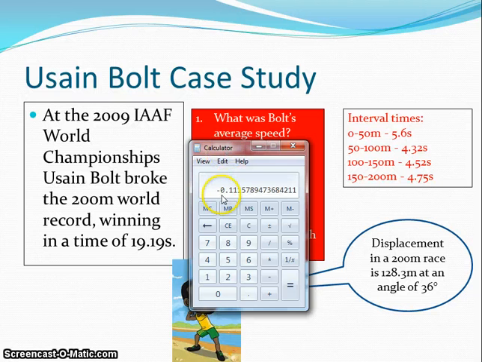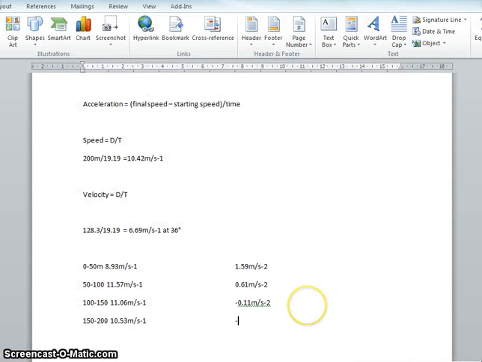That equals minus 0.11 again, because we're just rounding to 2 decimal places. So if I go back there, minus 0.11 meters a second, so minus 2. And this is the Usain Bolt case study complete.